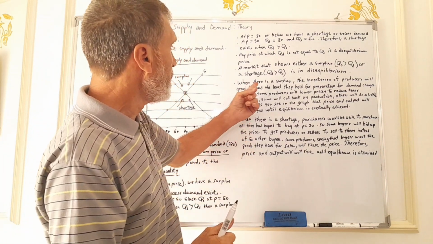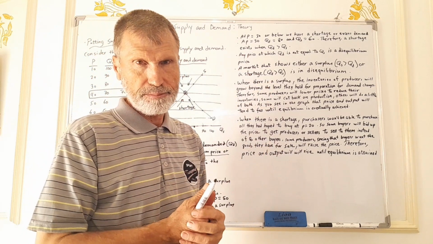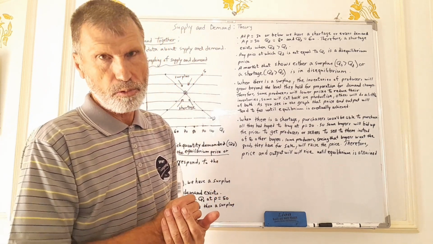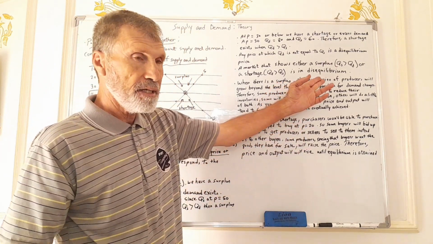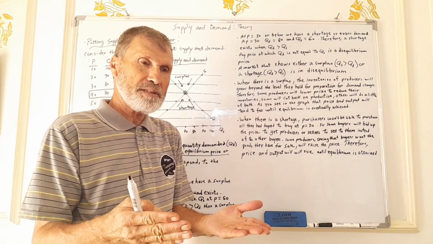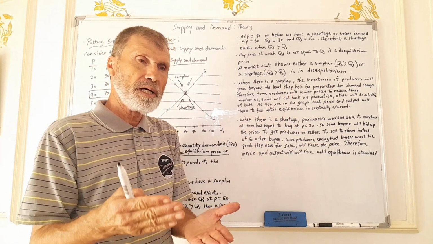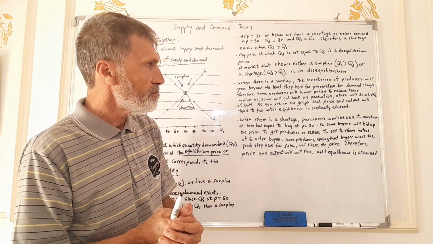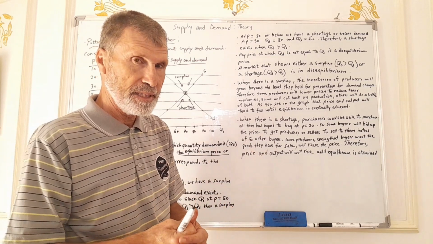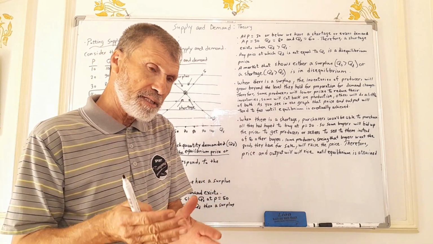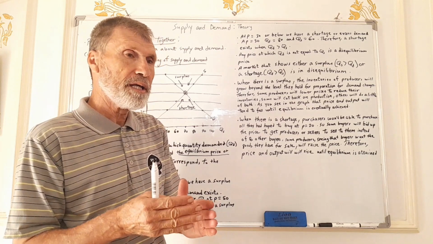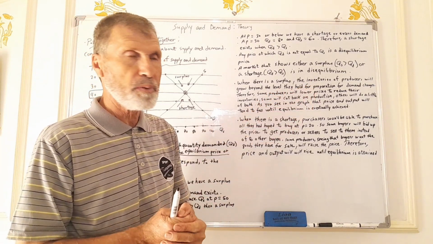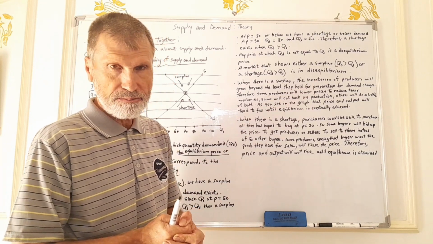Now, when there is a surplus, what will happen? What is the mechanism by which the market will go back to equilibrium? When we have a surplus, suppliers or producers will end up with lots of inventories, growing beyond the level they hold in preparation for demand changes.